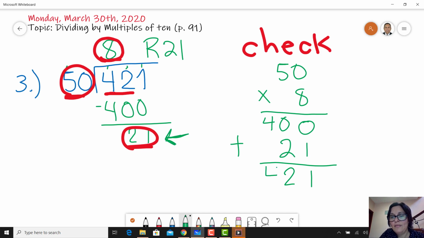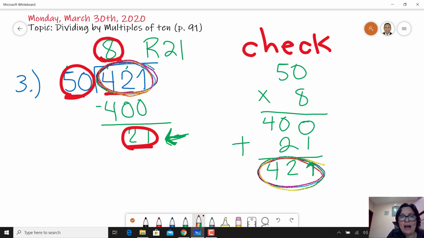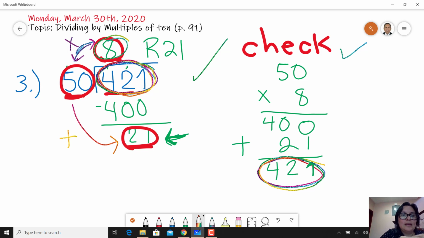And 4 plus nothing, 4. 421. And this one has to be the same as the dividend, 421. In that way, we check that our division is correct. Let's remember: this times this plus this, and we check.